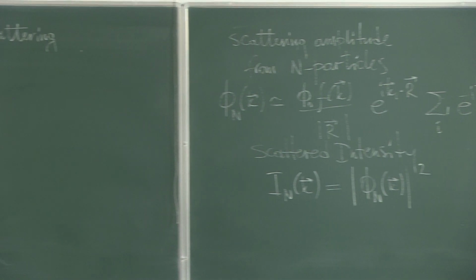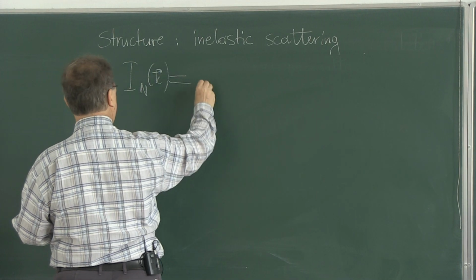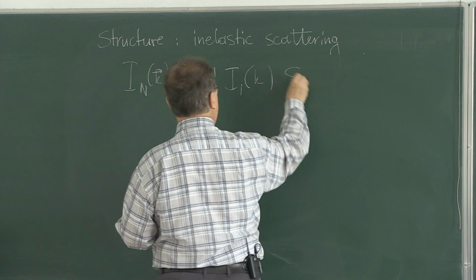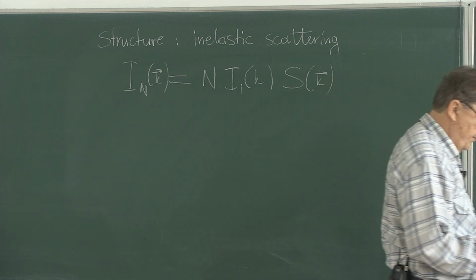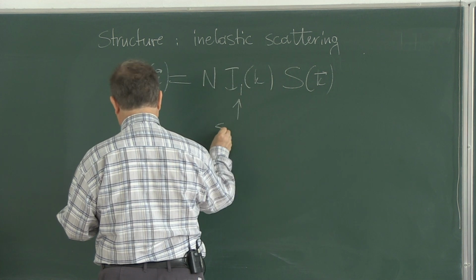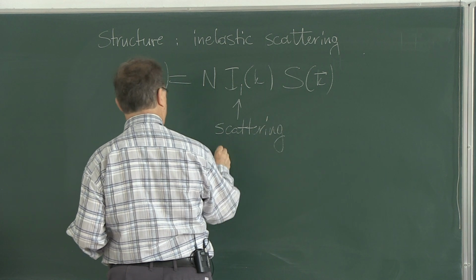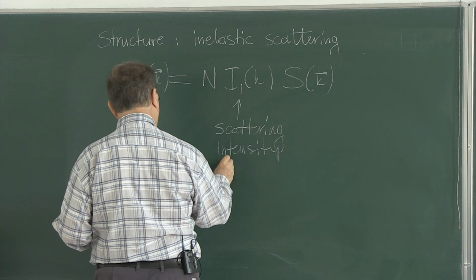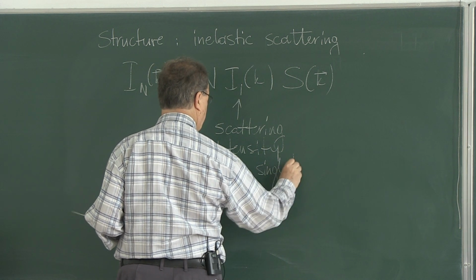This can be written as I_n of k equals n times I_1 of k times S of k. So this is the scattering intensity from one particle, from a single particle.